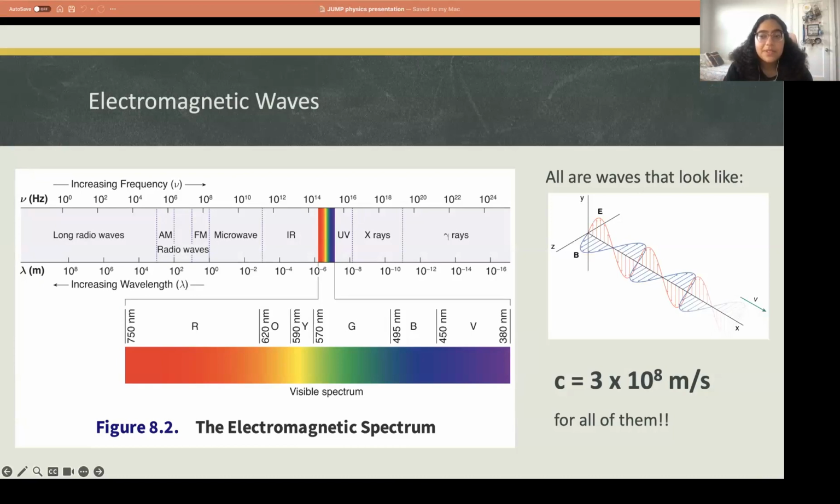For the visible range, know that it ranges from about 750 to 400 nanometers, where red is the longer wavelengths and purple is the shorter, just as a benchmark. It did end up coming up on my MCAT. It asked what wavelength a carrot would be, so you had to know that orange was around 600 or 650. Just have a general idea of where visible light falls in the spectrum.